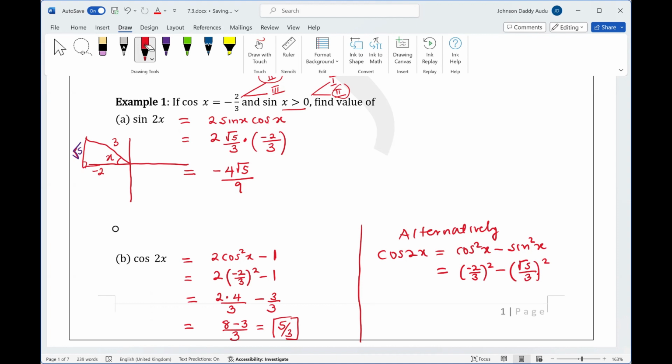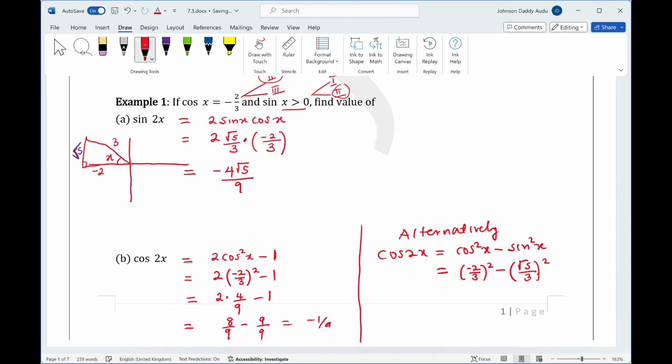Okay, so here I think there is something wrong. That is very good, we can see here. If you square this, it's going to give us 4 over 9 minus 5 over 9. So this is clearly minus 1 over 9, because 4 minus 5 over 9 is minus 1 over 9. So the earlier result should be corrected: 8 over 9 minus 9 over 9 is minus 1 over 9.